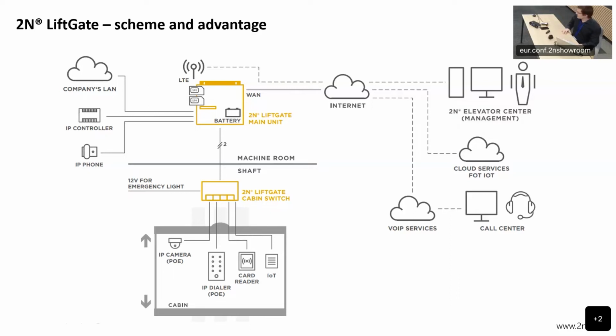What does it offer? It does offer just two wires in the cabin. You can see there is a, let's try if I can point it. There is just those two wires into the cabin, and on top of the cabin, I will show you later, there is a cabin switch where you can connect up to 4 IP devices.